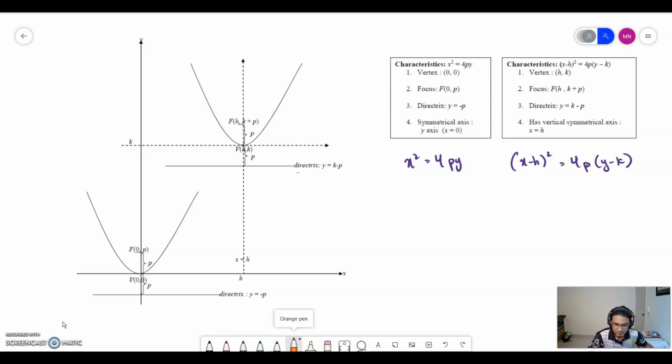So now we have a new position for the vertex. The vertex will be h, k. Then the focus point will be h, k plus p. This is the equation for the focus. And the directrix will be y equal to k minus p. And the vertical symmetrical axis will be x equal to h.